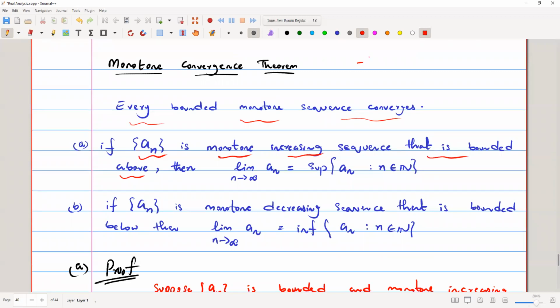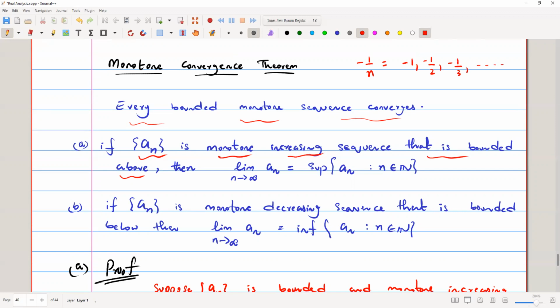sequence, for instance, -1 over n. This is equal to -1, then -1 over 2, -1 over 3, and so on. So we can see that this is a monotone increasing sequence because every successor is greater than the predecessor, right?